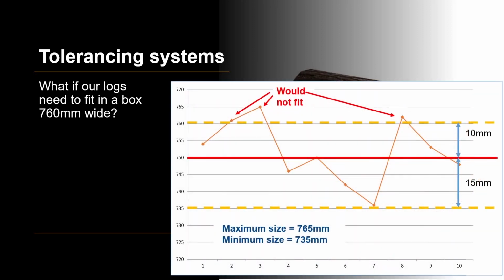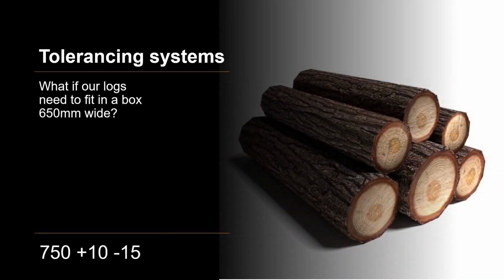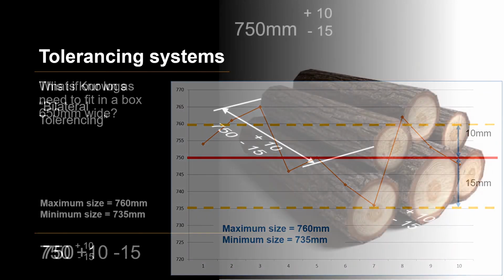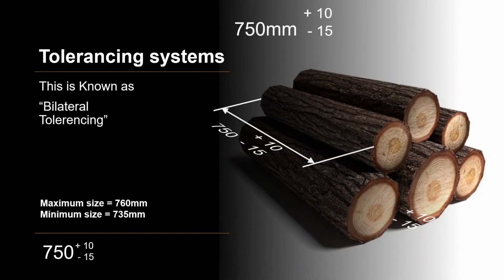So what that would look like is that we need to have a maximum size of 760mm and a minimum size of 735mm. That means 3 of the logs wouldn't fit, and we have a slightly different tolerancing system. What we now have is a 750 plus 10 minus 15 tolerance. If we plot that on the graph, it looks like this. This is what's known as a bilateral tolerance.